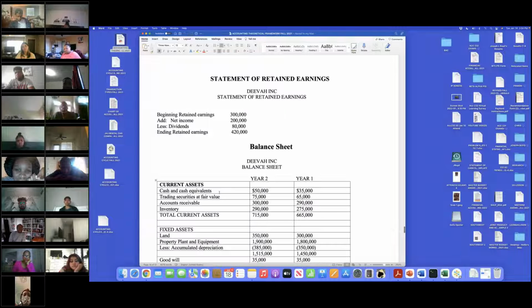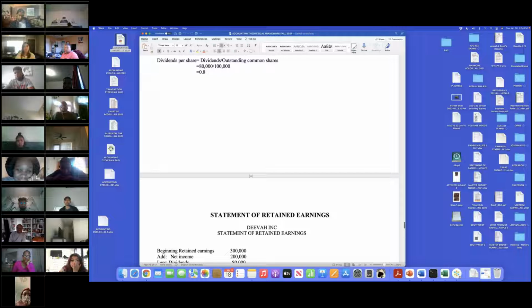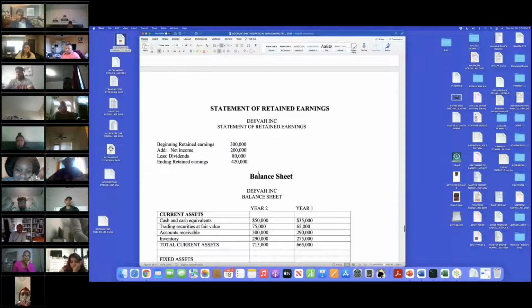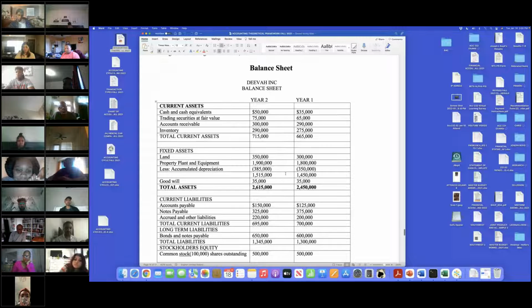So the income statement shows how much income the business made for a period of time. The statement of retained earnings shows how much of the earnings are retained in the business, and the balance sheet shows the assets and liabilities and your equity.